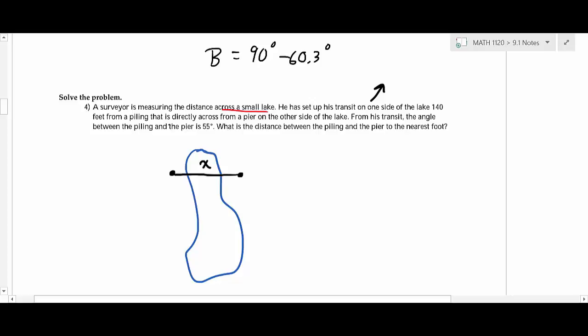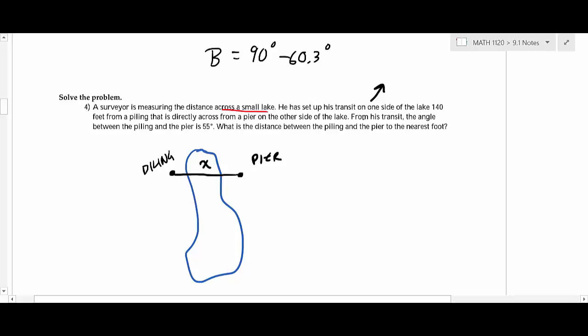Okay, hold on, let me think a minute here. It's directly across from a pier on the other side of the lake. Let's try this. Pier, there. Transit, here. Then it says the piling is directly across from a pier. No, I'm wrong. Let's see if this is right. The piling is directly across from the pier. That's what it says.